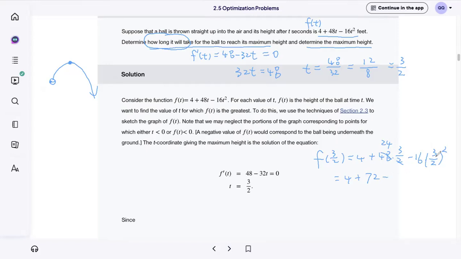Then minus this: 3 over 2 squared is 9 over 4. Then multiply by 16. 16 divided by 4 is 4. 4 times 9 is 36. So 4 plus 36 gives us 40. So the maximum height is 40 feet. And when does it happen? It's 1.5 seconds later.